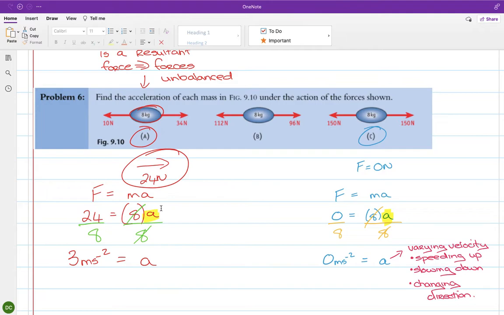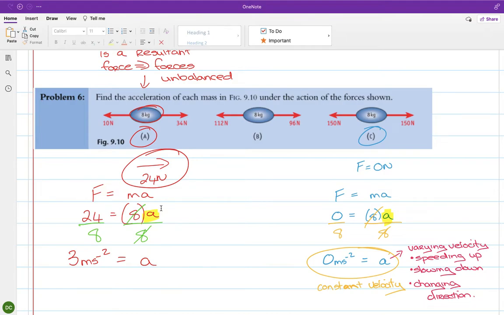Okay, so if we have no acceleration, then that means we do not have a varying velocity. So if we have 0 acceleration, then we're talking about a constant velocity, not a varying velocity.